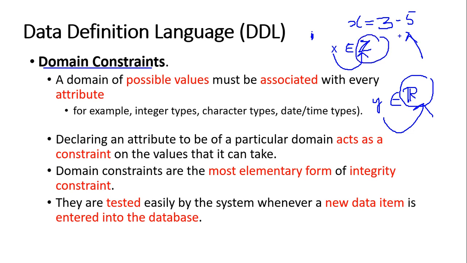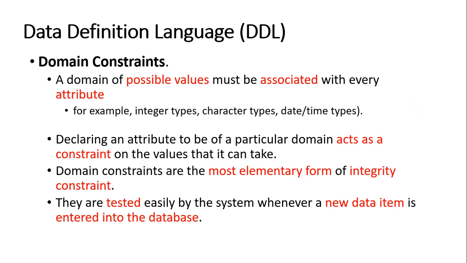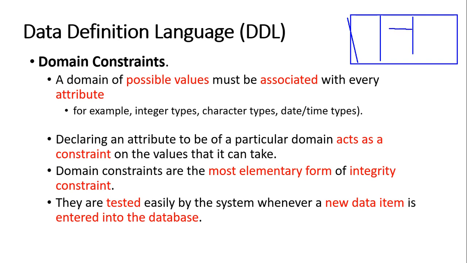So what are the possible values that a particular field can have? Suppose you have a table with a lot of columns, what are the possible values that can be there in a given column? So this is the domain.